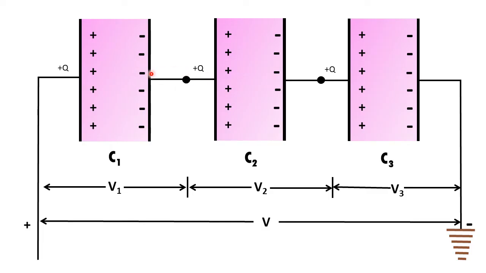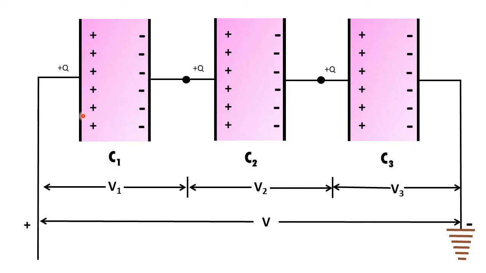These electrons enter in second plate of first capacitor through this conducting wire, and equal number of electrons are repelled from first plate of first capacitor, and these electrons enter in positive terminal of battery. In this way, first plate of each capacitor is having plus Q charge and minus Q charge is accumulated in second plate of each capacitor.